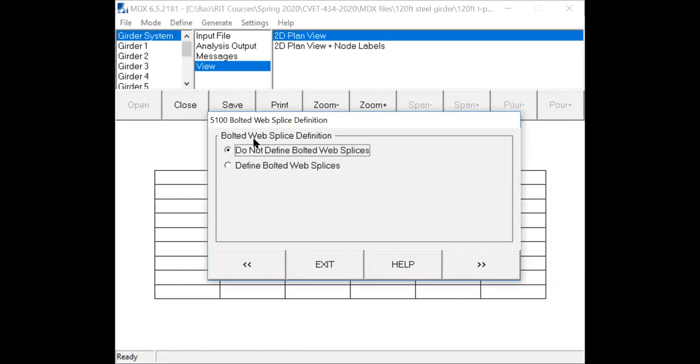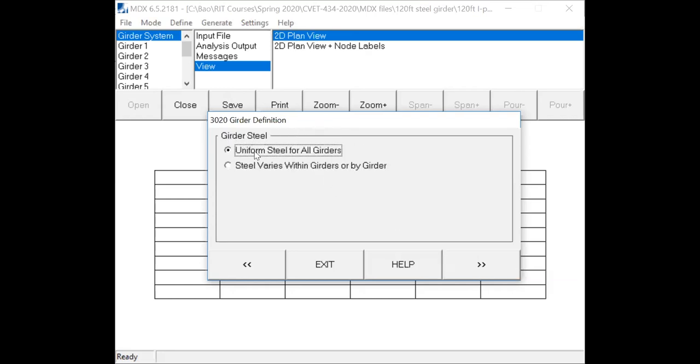For the bolted web splice definition, we do not define the bolted splices. If you need to design the bolted splice, we will do it separately, not doing the splice design in this MDX software. Go to next.